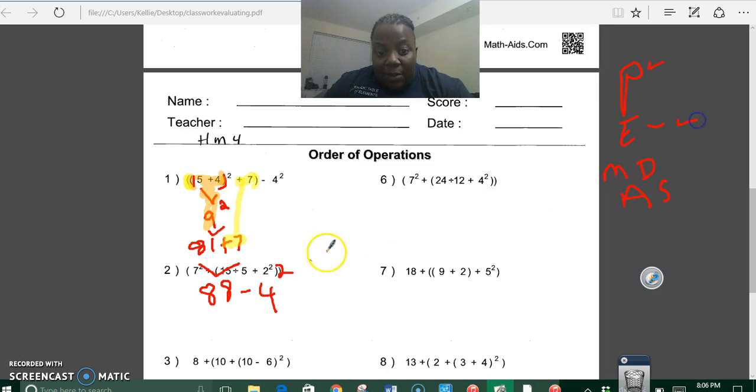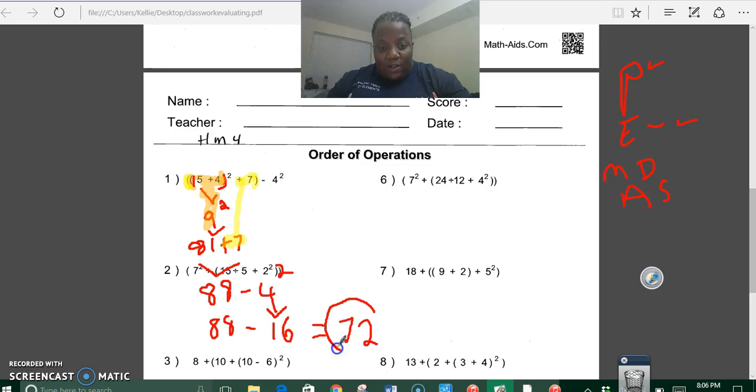I do have another exponent, though, which is right here. So you got to take care of that first. Remember, this is not 4 times 2. It is 4 times 4, which is 16. Bring down what you have left. So really what you have is 88 minus 16. This should be 72. Final answer for number 1, 72.